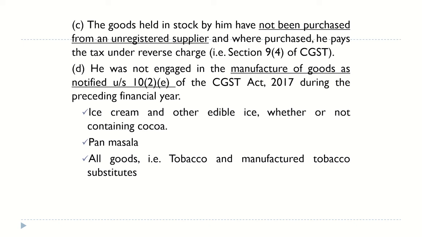Under the composition scheme, only those dealing in supply of goods are eligible, except for restaurant business, and all other services are not eligible to register under the composition scheme. Hence, the exceptions given here are that he shall not be engaged in the manufacture of ice cream and other edible ice, whether or not containing cocoa, or in the manufacture of goods such as pan masala, tobacco and manufactured tobacco substitutes.